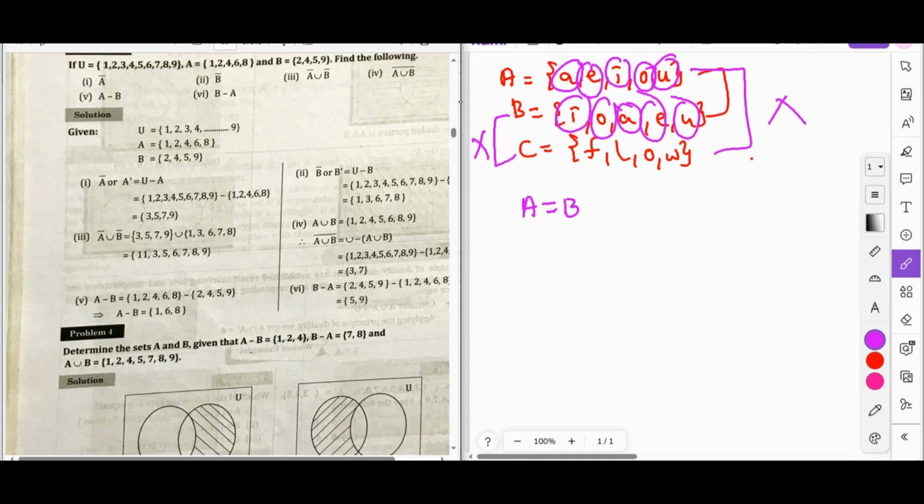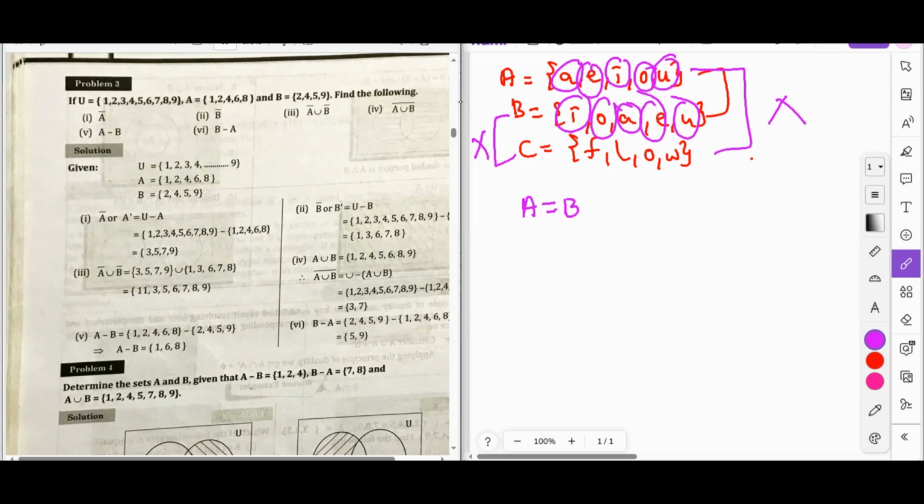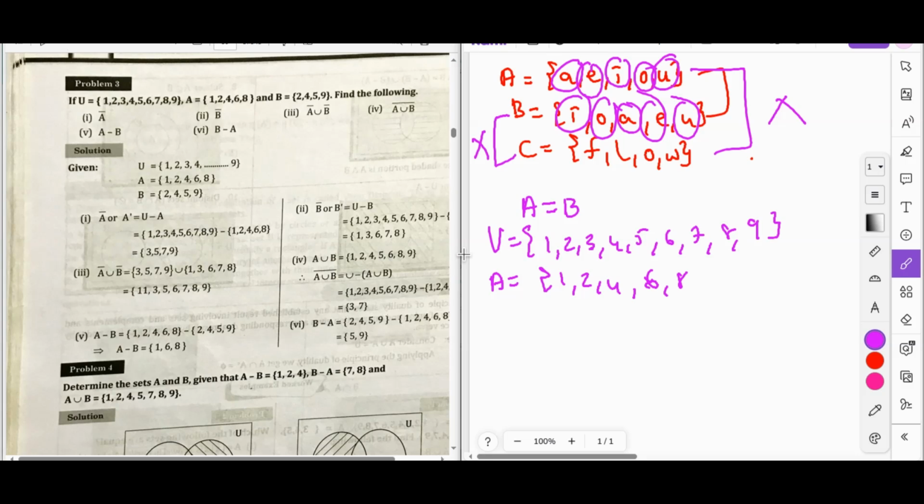Then the next one. They have given the universal set U equals 1, 2, 3, 4, 5, 6, 7, 8, 9, and A is 1, 2, 4, 6, and 8.